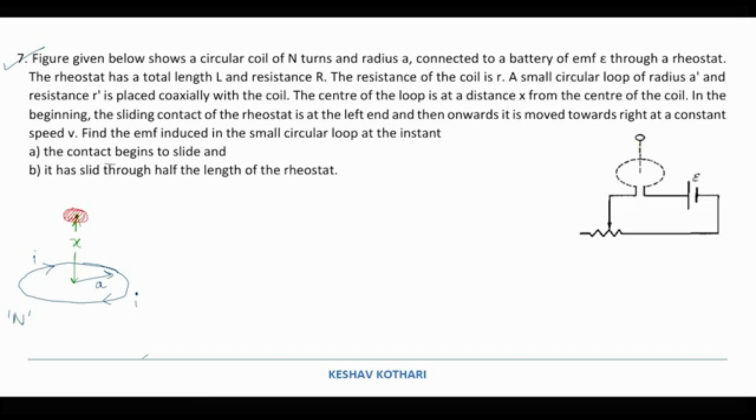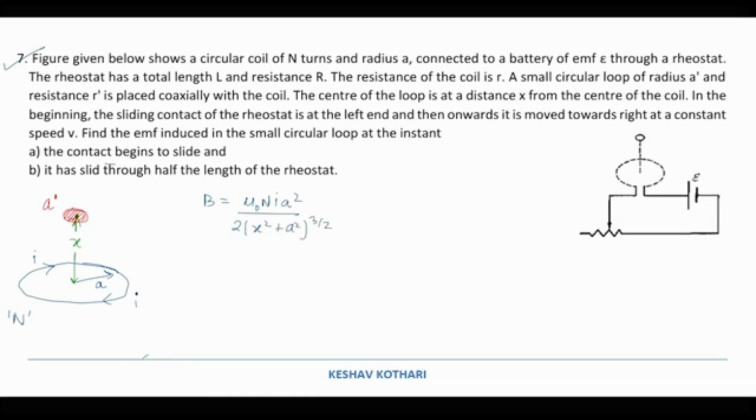This smaller coil has a radius a dash. So the magnetic field at a distance x can be written in this way: B is equal to mu naught N i a square upon twice of x square plus a square to the power 3 by 2.